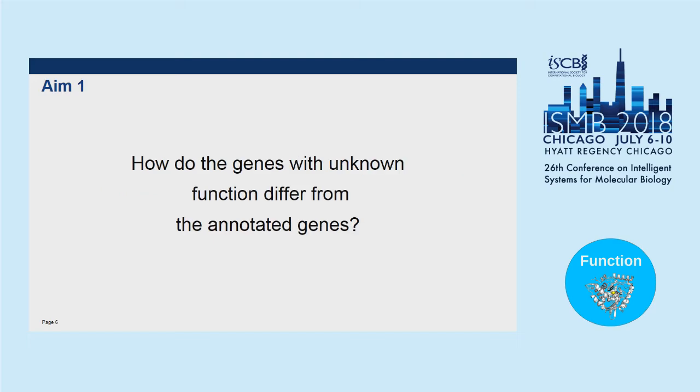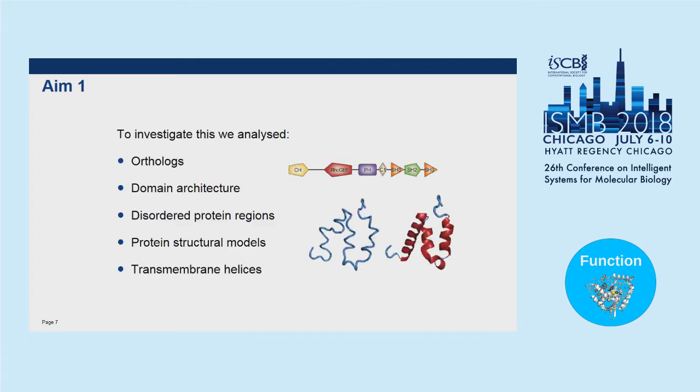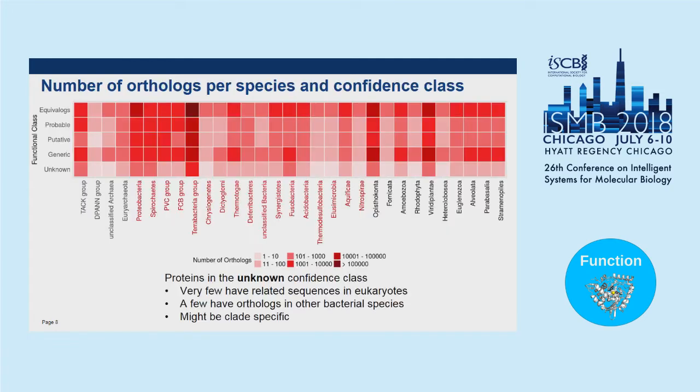So we started with identifying the differences between the groups. To do this, we analyzed protein orthologs, domain architecture, transmembrane helices, disordered regions, and protein structural models. We started with orthologs. Here you have a heat map of the number of orthologs in all 5 groups across the 3 kingdoms, archaea, bacteria, and eukaryotes.